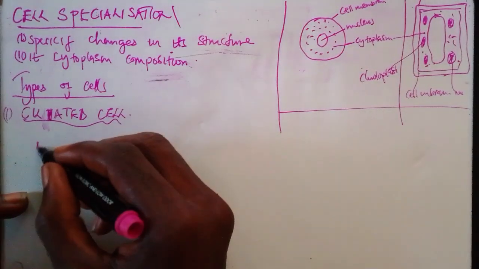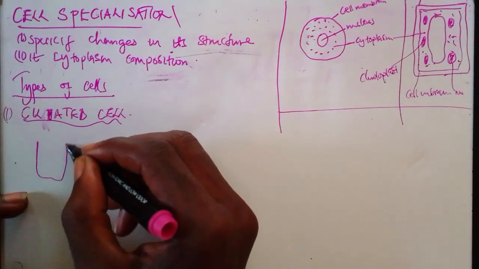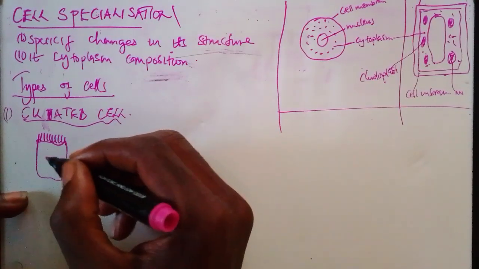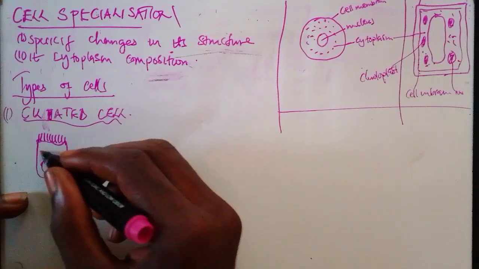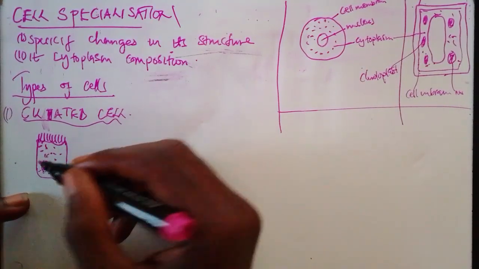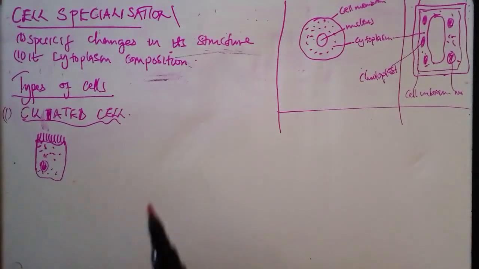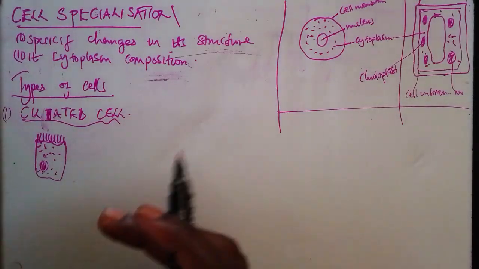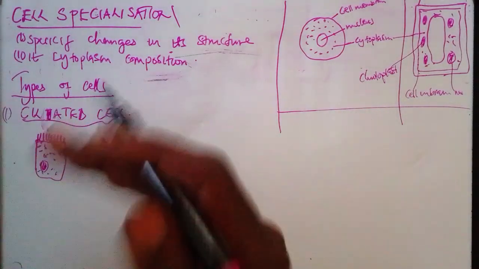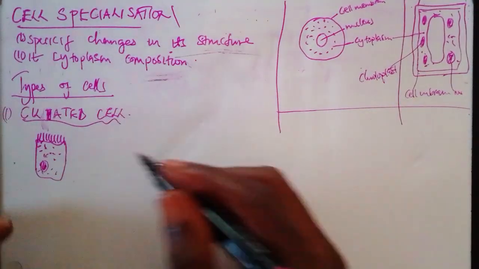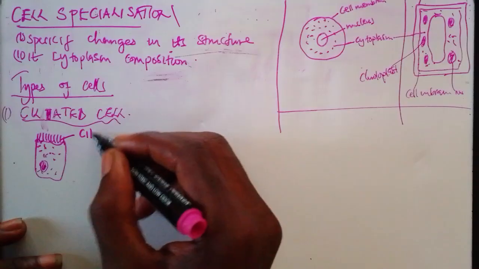cilia. So a ciliated cell looks like this. This is the first type of cell we are going to look at in this video. So what are some of the changes?